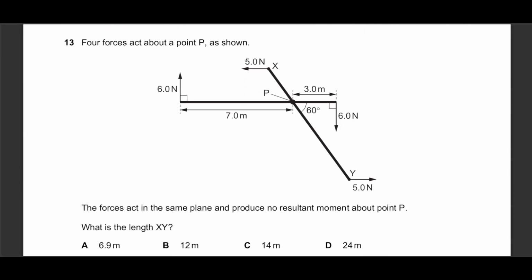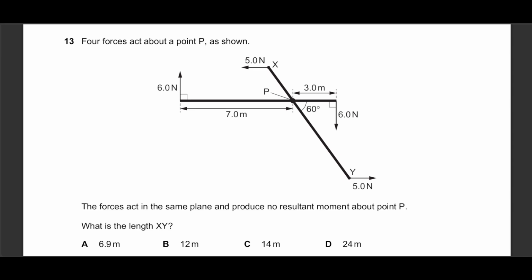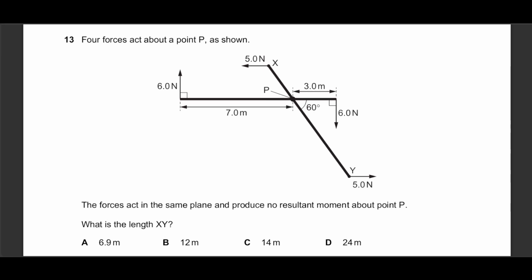Question number 13. A bit tricky, but don't worry. Whenever there are components, we can resolve the components. So he's going to ask you to produce no moment about P. So P is going to be our pivot for the whole situation. I feel that it's like a moment question, but in terms of torque. You see, there are exactly the same forces, and we do know that there's going to be a perpendicular distance between them, which is 7 plus 3.